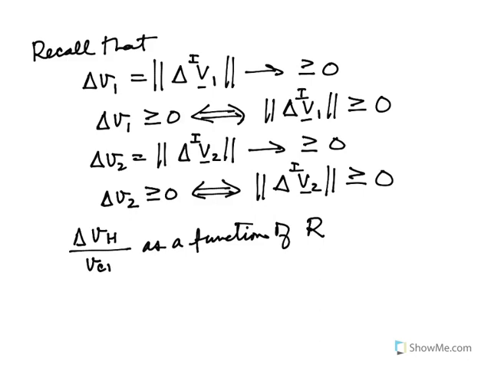Now, there's one last thing that we need to do before we're done, which is recall the transfer orbit. This is the transfer ellipse, the elliptic transfer orbit.